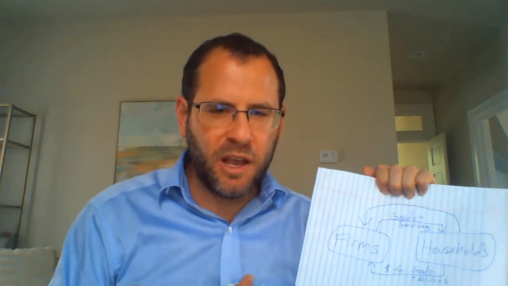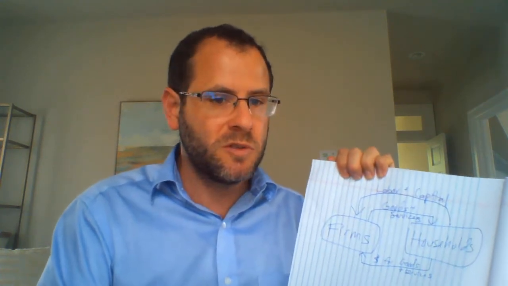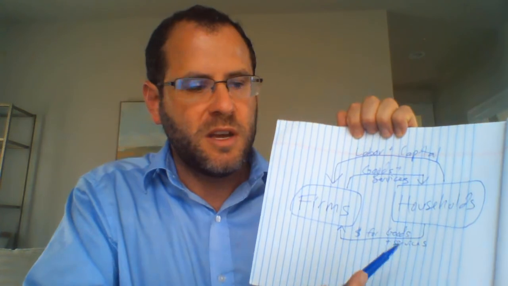households are actually the ones who are supplying firms with some really important stuff, namely labor and capital, money that has been saved up, that they've invested, that firms are now going to be able to use. So our circle chart actually gets a little bit more complicated. We've got goods and services going from firms to households.